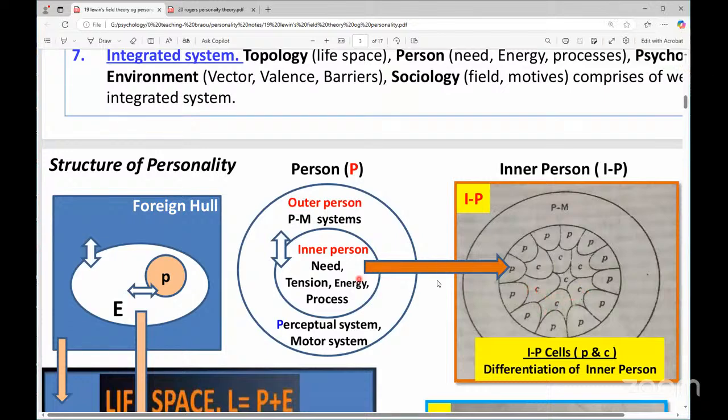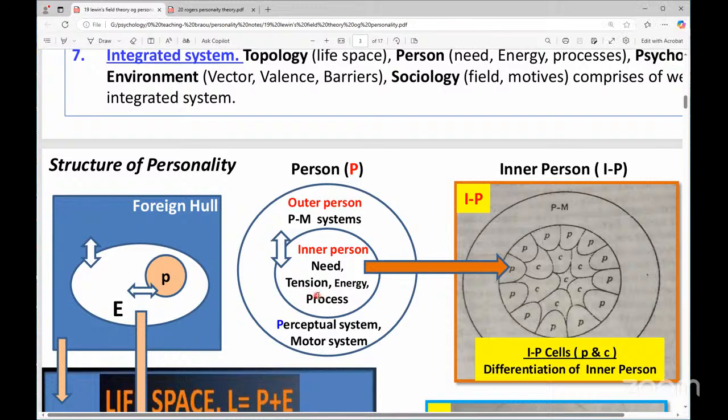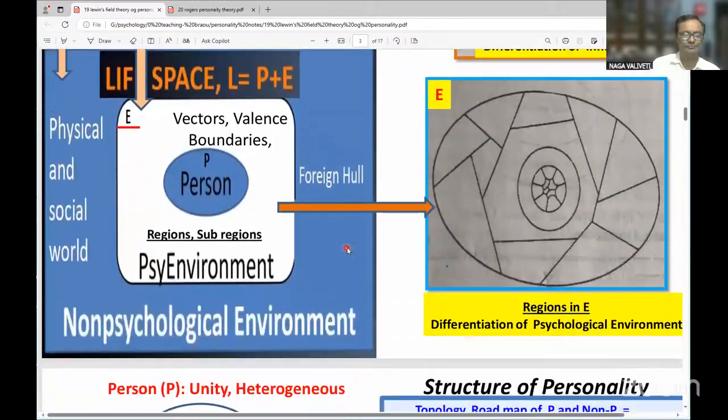To accomplish that, you need energy and processes. In this process, the ultimate goal is bringing equilibrium in the system in terms of tension. If you read the structural functional theory of personality, unit number 2, it speaks about tension and stress. Please read that unit, you can understand it better.